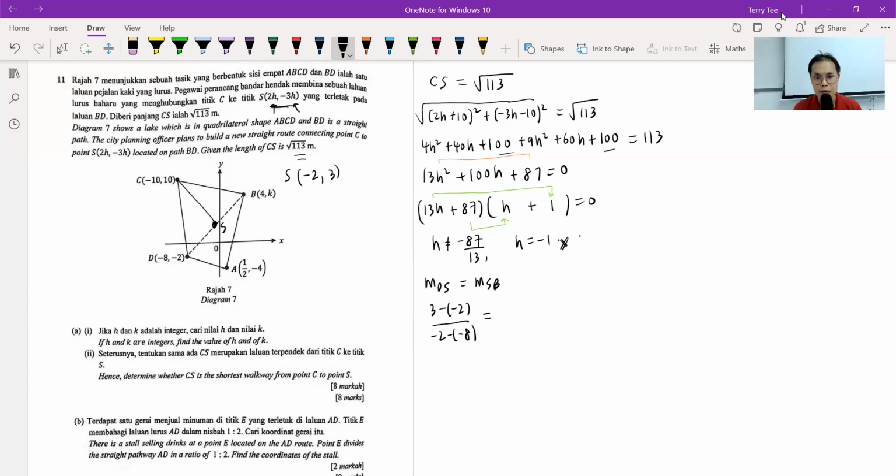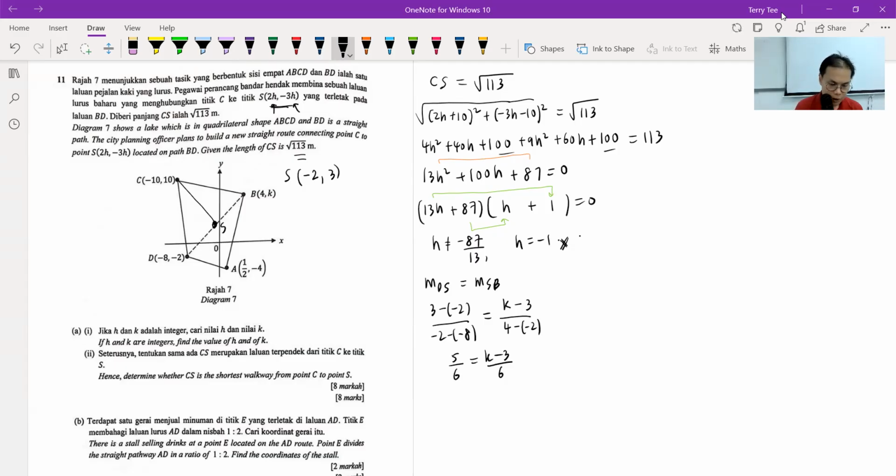Gradient of SB, I will use k minus 3, and then your x coordinate for B is 4 minus 2. Okay, now let's calculate. This is 5 over 6. This is k minus 3 over 6.